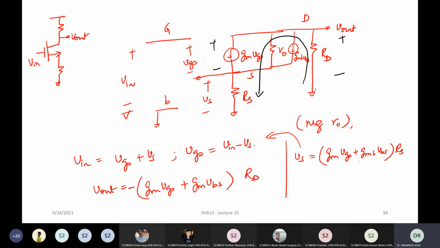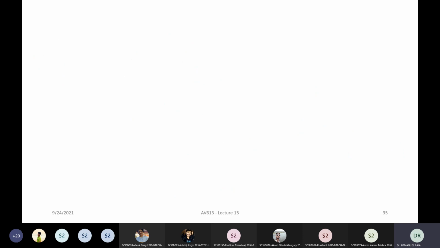So this is the thing. Here, of course, what is VGS? VGS we saw is Vin minus VS. So you can substitute it and write the expression.